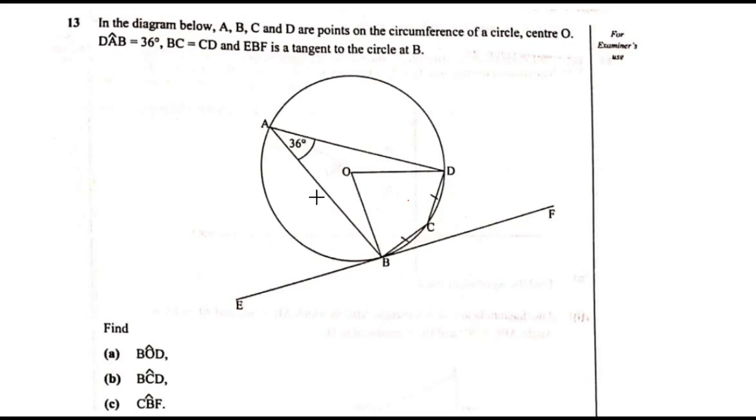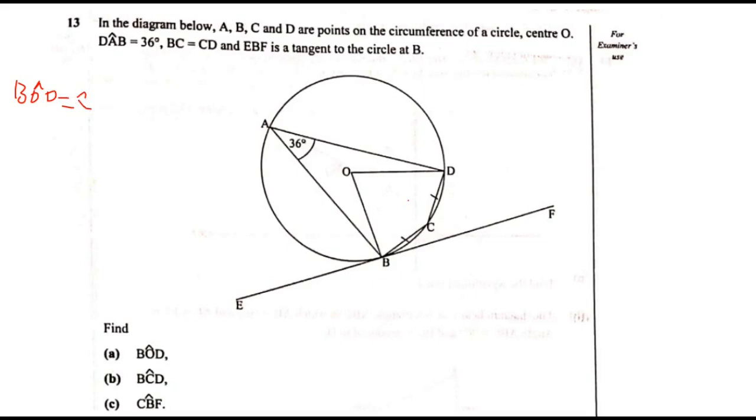I think it should be one of the easiest questions in this paper, because finding BOD should be easy, because we know that the angle subtended at the center of the circle is twice the size of the angle subtended on the circumference of the circle by the same chord. So B and D make the same angle at A, which is 36. That means they're going to make twice that angle at the center there.